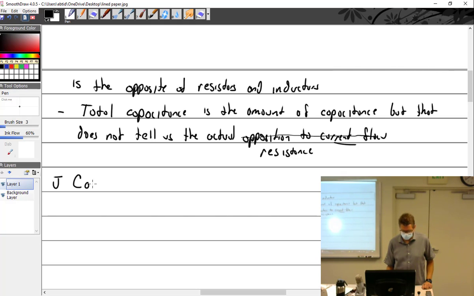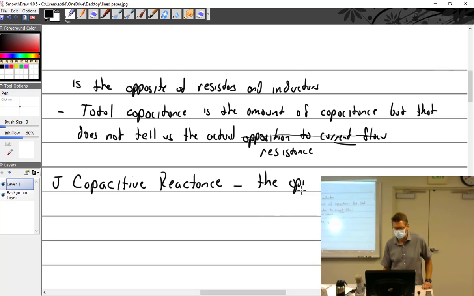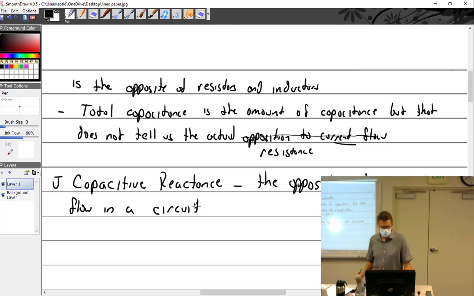Now we're going to talk about capacitive reactance, which is the opposition to current flow in a circuit.